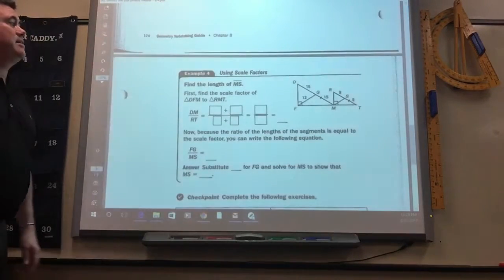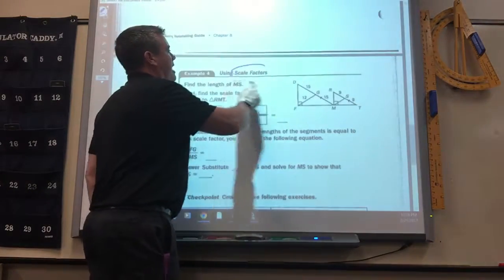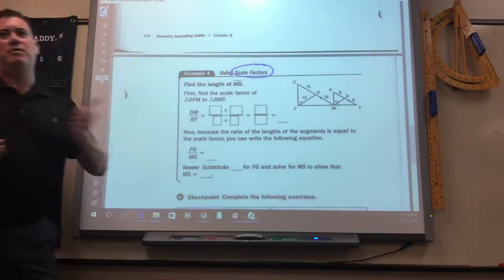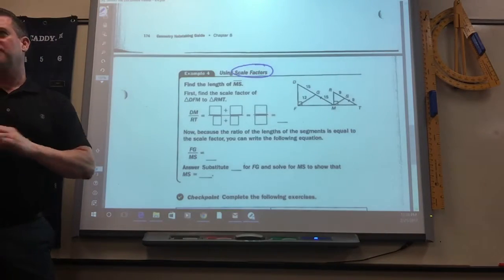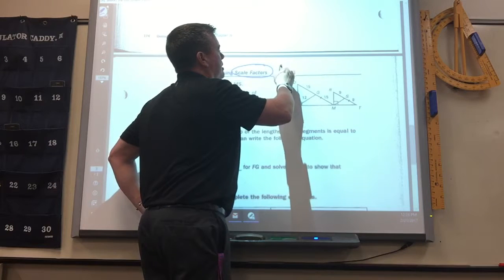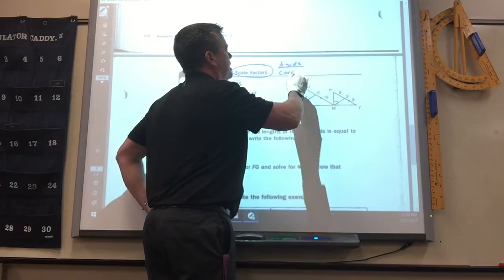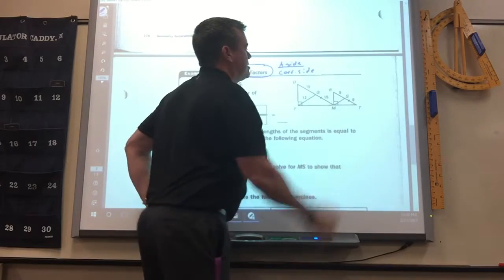So here we got a scale factor. Scale factor is just how much bigger or how much smaller something is. And all you got to do to find a scale factor is put a side over its corresponding side.